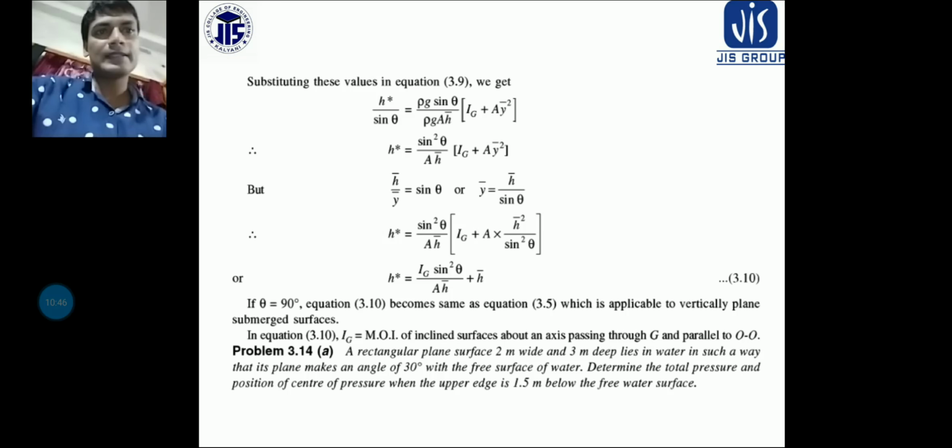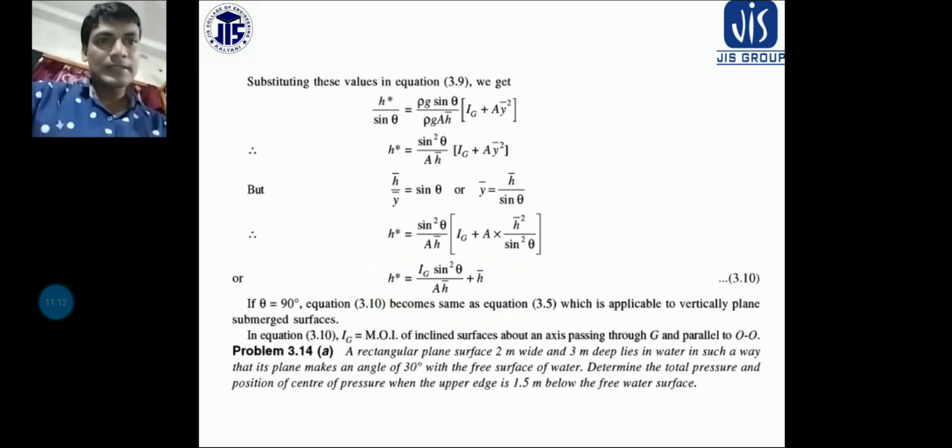So ultimately the equation comes like this, and h star is equal to sin square theta by A h bar into Ig plus A y bar square. So y bar is equal to h bar by sin theta. So from this equation you can say h star is equal to Ig sin square theta by A h bar plus h bar. So this is all about the center of pressure, the equation, very important from your exam point of view.